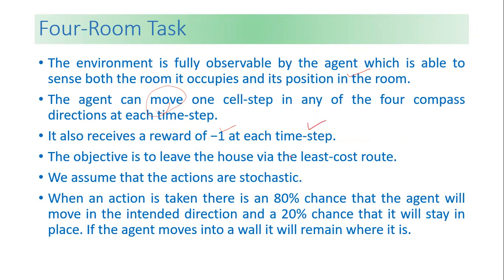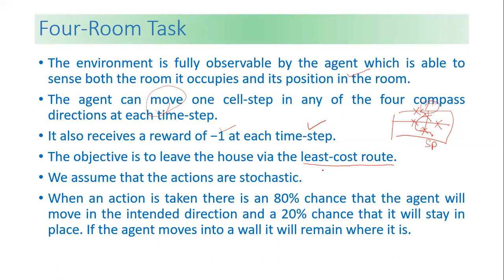What will be the main objective? The main objective is to find the least cost route, whatever these four rooms have been given. These are the four rooms. Every room has some way out. What is our target? Whatever movements we make should be optimal, and we will achieve our target.